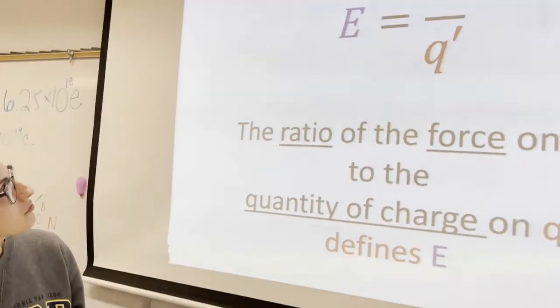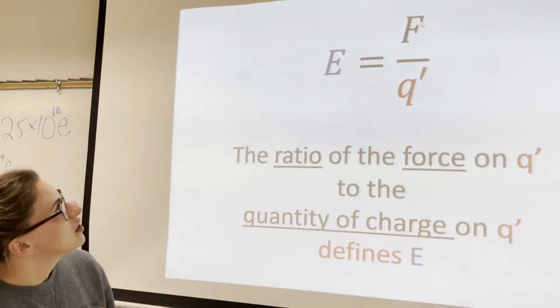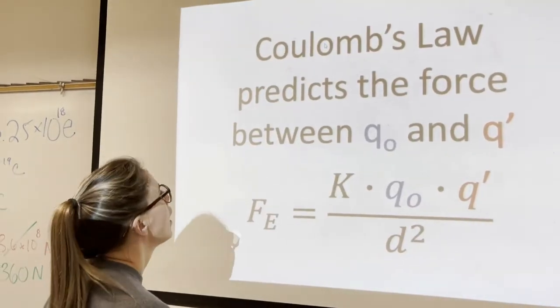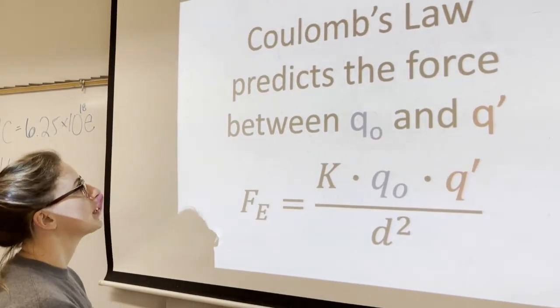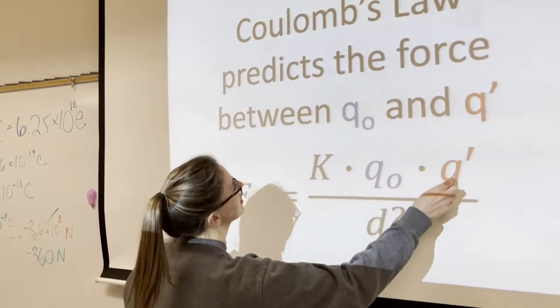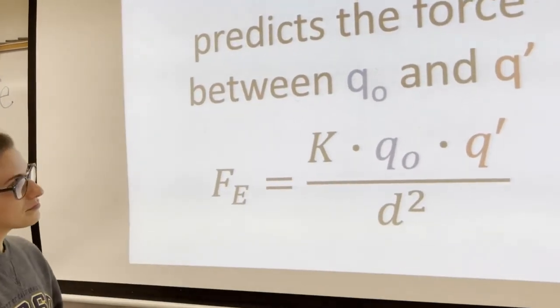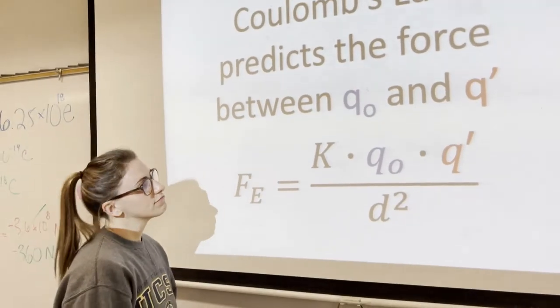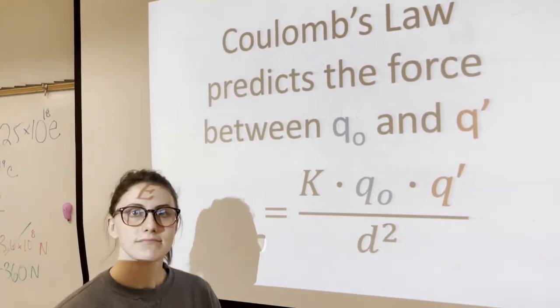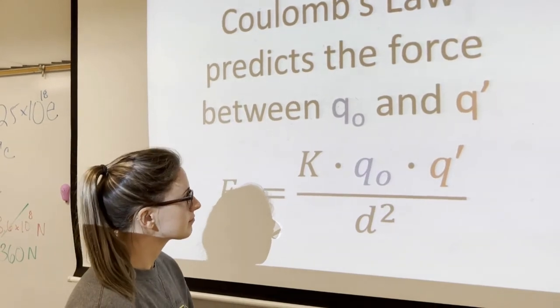So we've got the force, we know our test charge, we can figure out what the electric field is. Coulomb's law predicts the force between the originating charge and the test charge. So basically, it's the same Coulomb's law we've been playing with. We're just making it specific now for our use with a particular originating charge and a test charge.